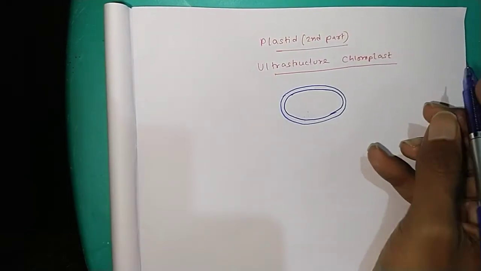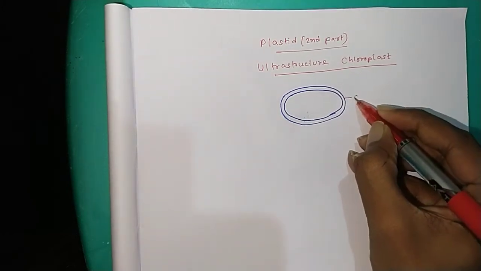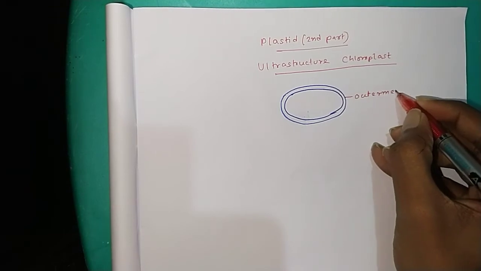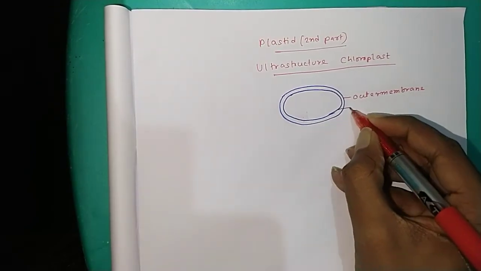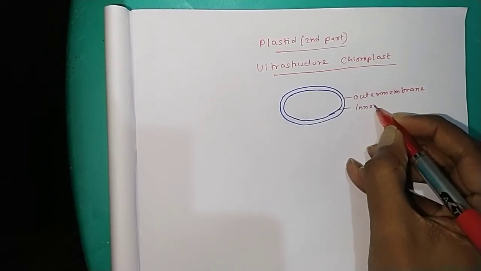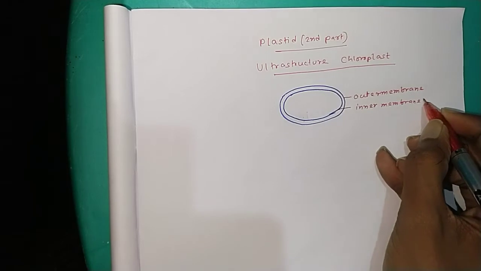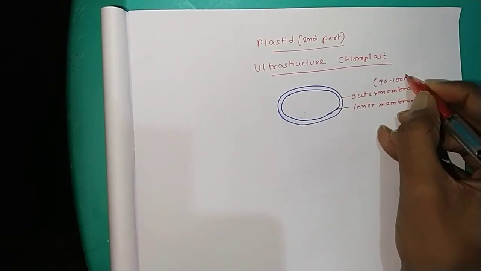a double membrane envelope outside. Here, this is called the outer membrane. You can see that this is the outer membrane present here, and this is called the inner membrane. Now, both these membranes are somewhat 90 to 100 angstrom in thickness.